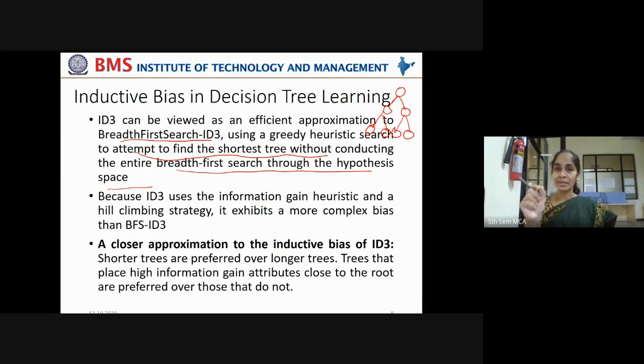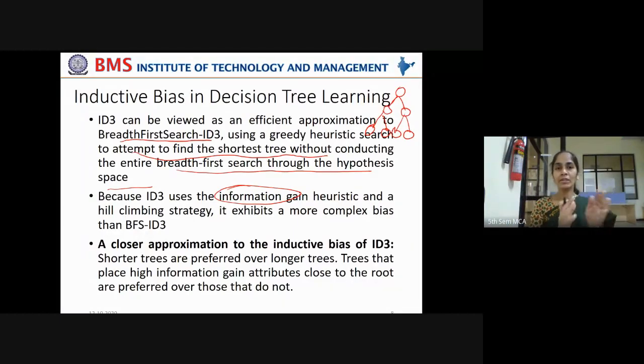How is it limiting this? Actually, it can search all the hypothesis space, but it limits its search by using the information gain. The hypothesis space contains all possible decision trees.